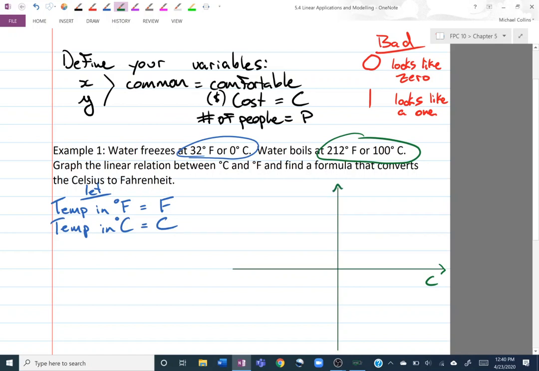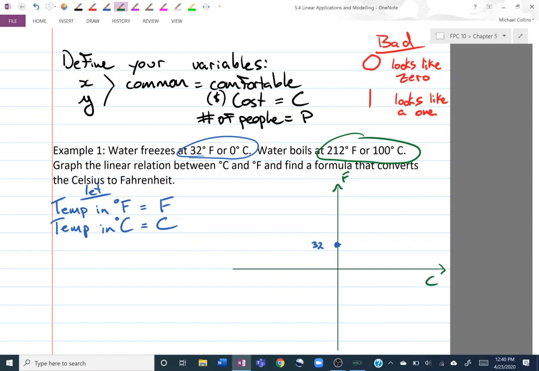And my up and down axis, which is normally my y-axis, I'm going to make my F-axis. For the first point, which I've done in blue, I'm going to go left and right 0, and then go up 32. I'm just going to do a bit of a sketch, so I put a 32 there, and that's my point.